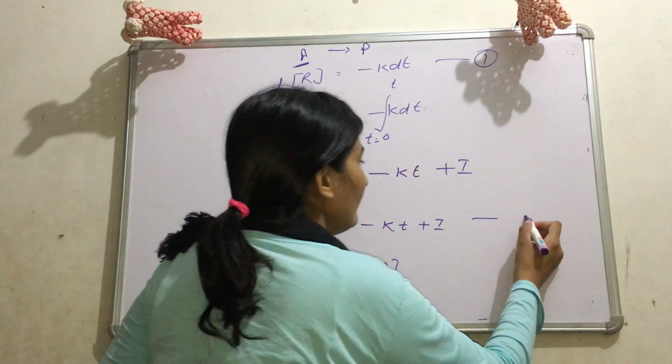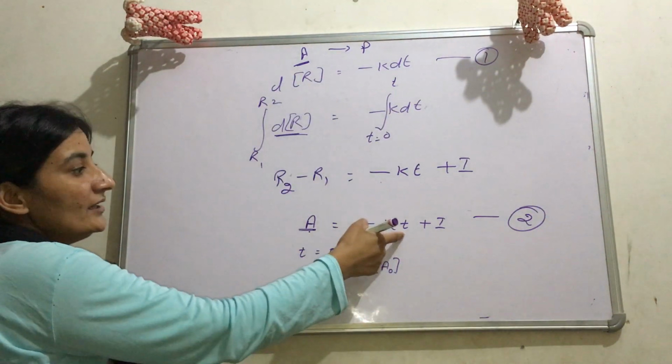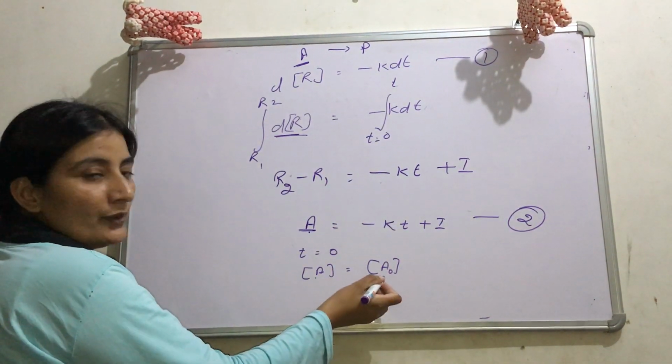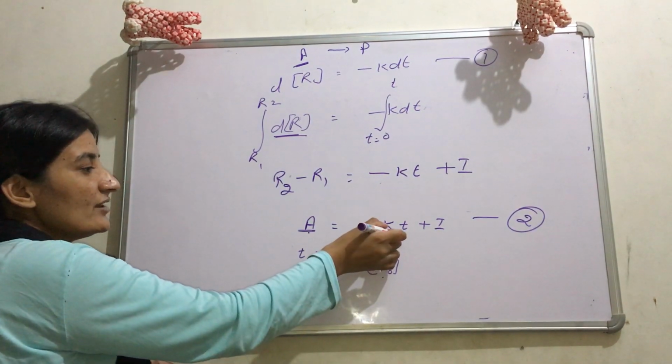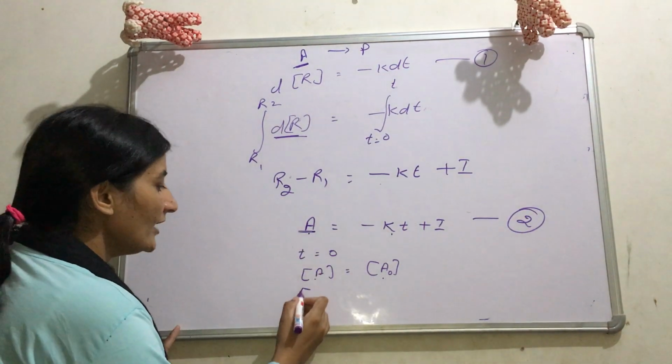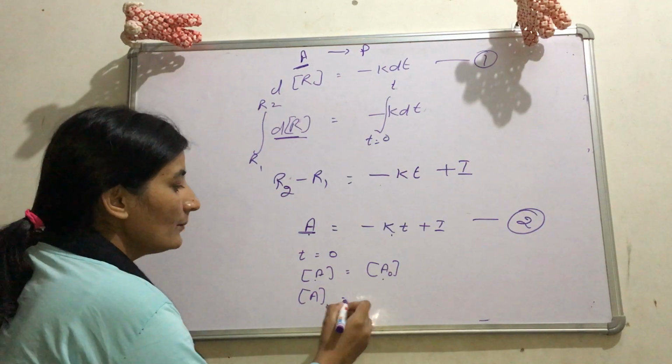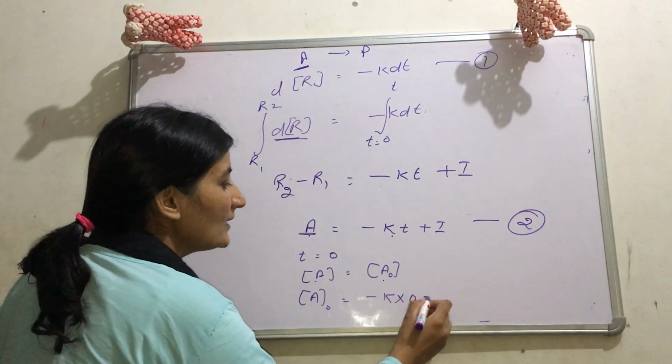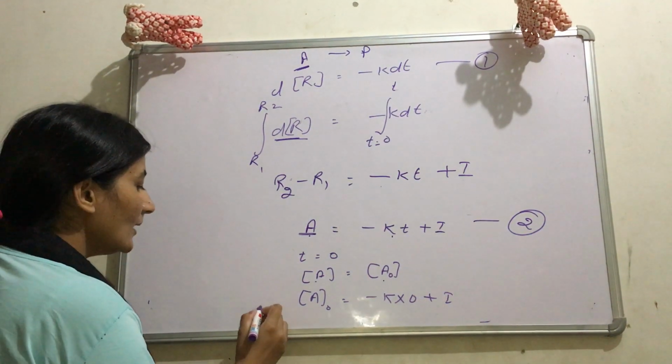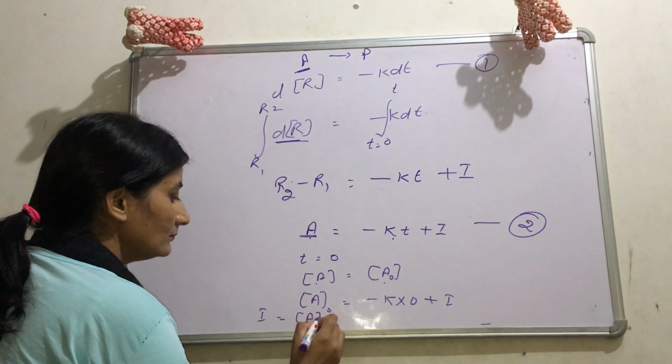Put the value in equation number two: A naught is equal to minus K into 0 plus I. So the value of I comes out to be A naught.